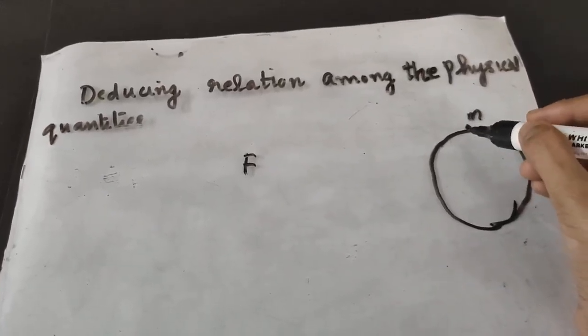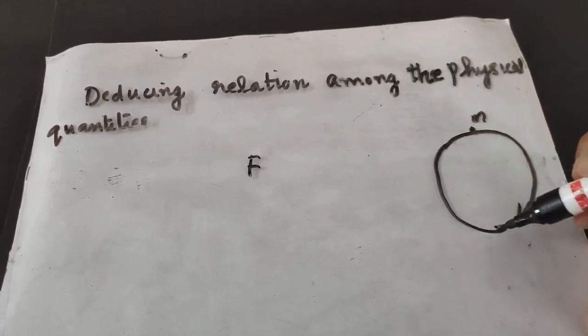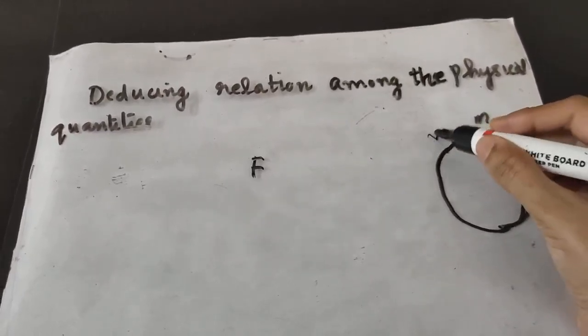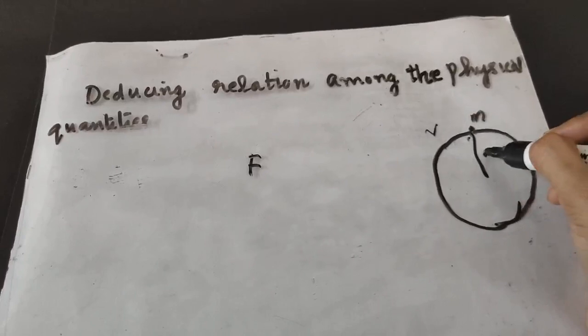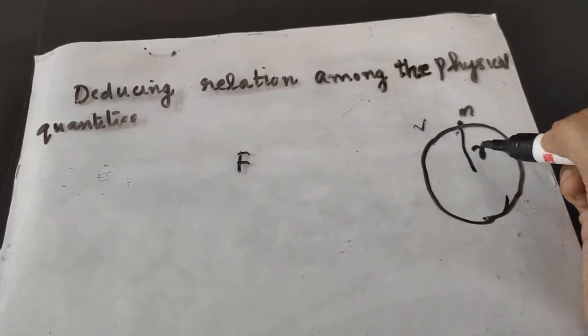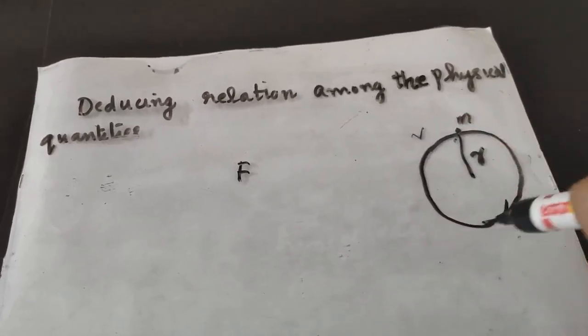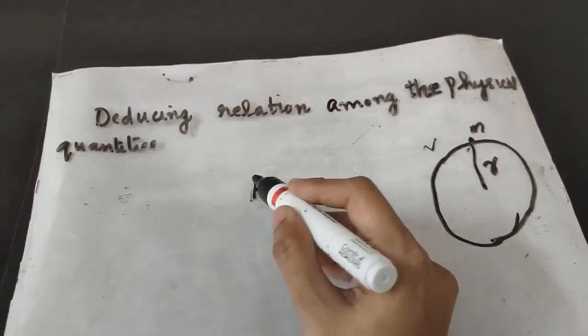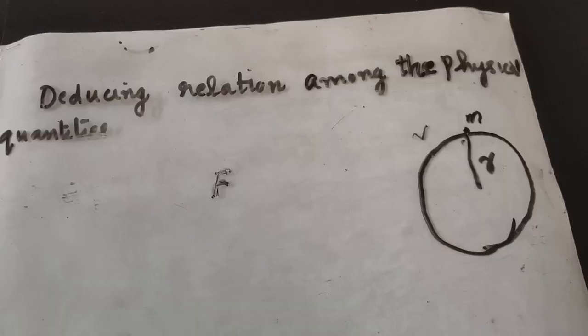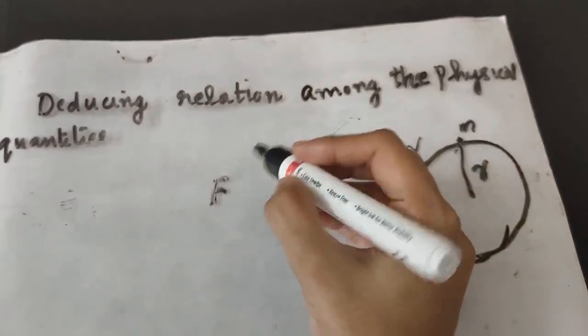Let m be the mass of the particle, moving in a circular path with a velocity v, and the radius of the circle is taken as r. From this we can find the factors on which F depends.